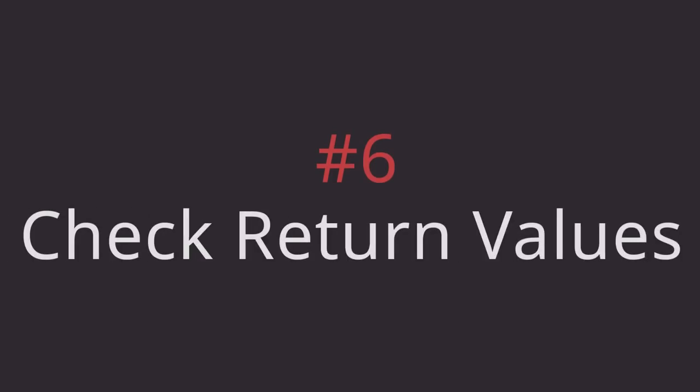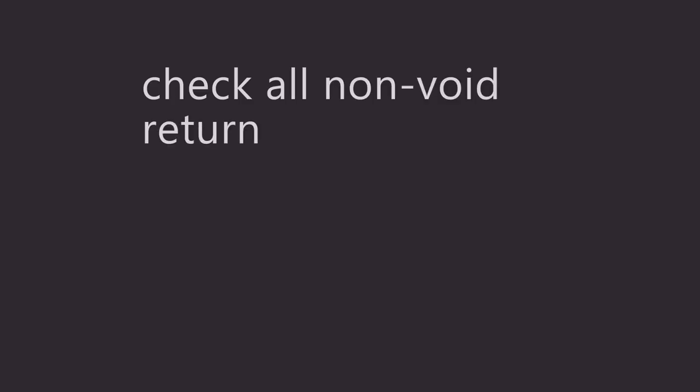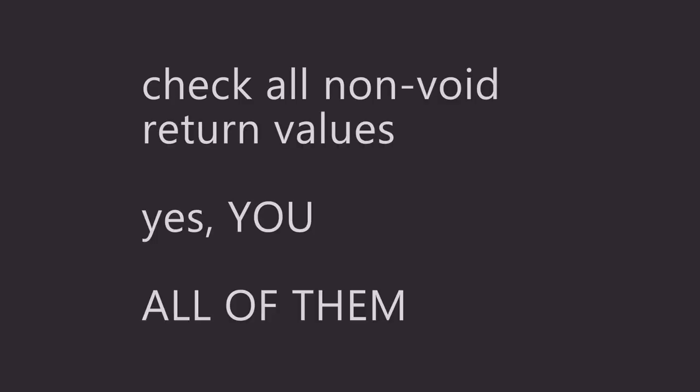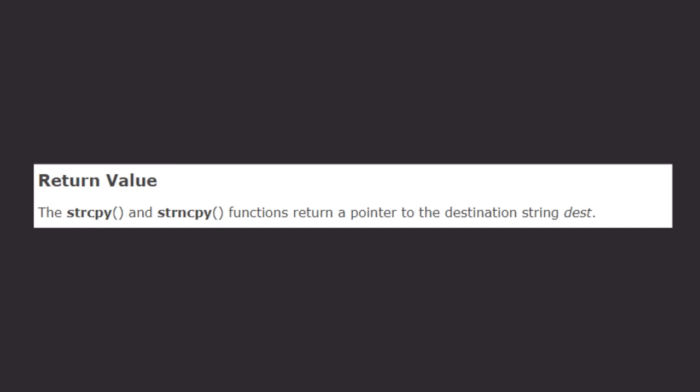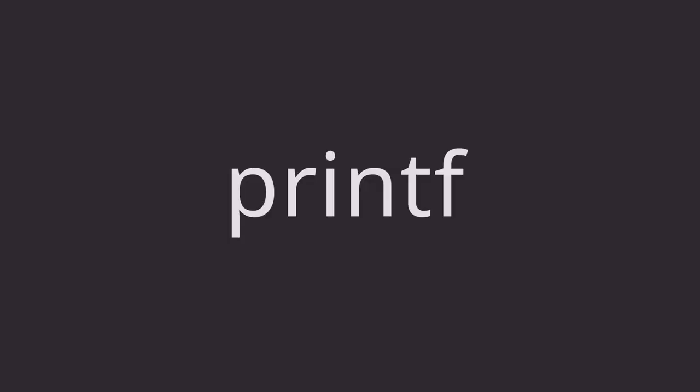This next one seems obvious, but is actually a pretty common issue when I'm reading the code of junior developers. Check all of your return values for non-void functions. All of them. It's very easy to read the man page for a function and figure out what it does, but to ignore the return value section for a function that should always behave properly. For example, the function printf, which just prints to the screen, should never fail, and if it does, we really don't care.